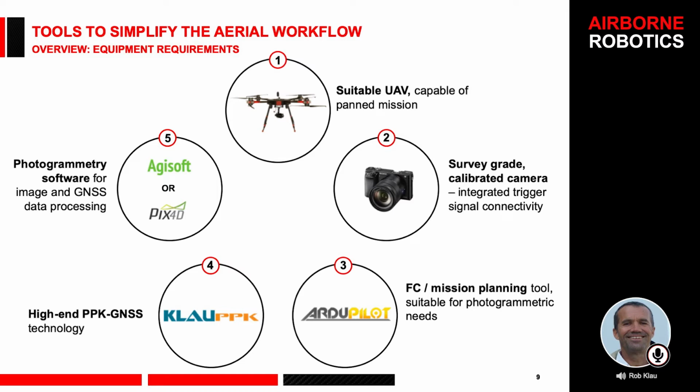Also, the cloud PPK system is integrated into the drone, so we're capturing the tilts of the drone for every click of the photo. So we can correct from the antenna to the center of the camera, no matter what attitude the drone is in at that precise moment. So that's your core data for direct georeferencing: a nice quality camera, a calibrated lens, and knowing exactly where that camera is for each photo.